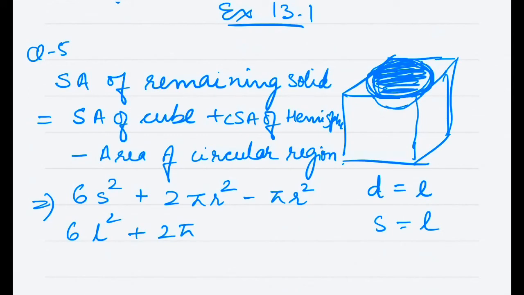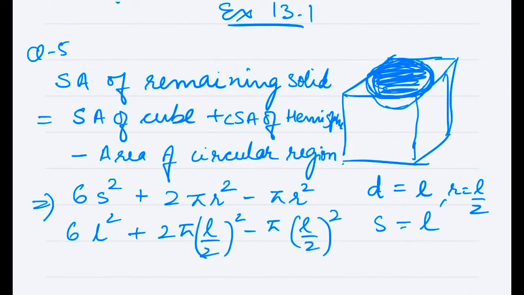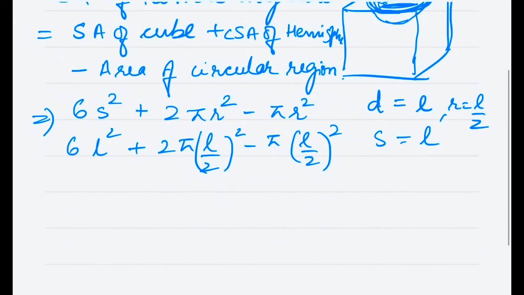I'll keep it in the form of pi only, because L is also in the form of a variable. Dimensions are not given in numbers, so we'll just keep it like that. Now diameter is L, so my radius will become L by 2. So L by 2 whole square minus pi, and again L by 2 whole square.